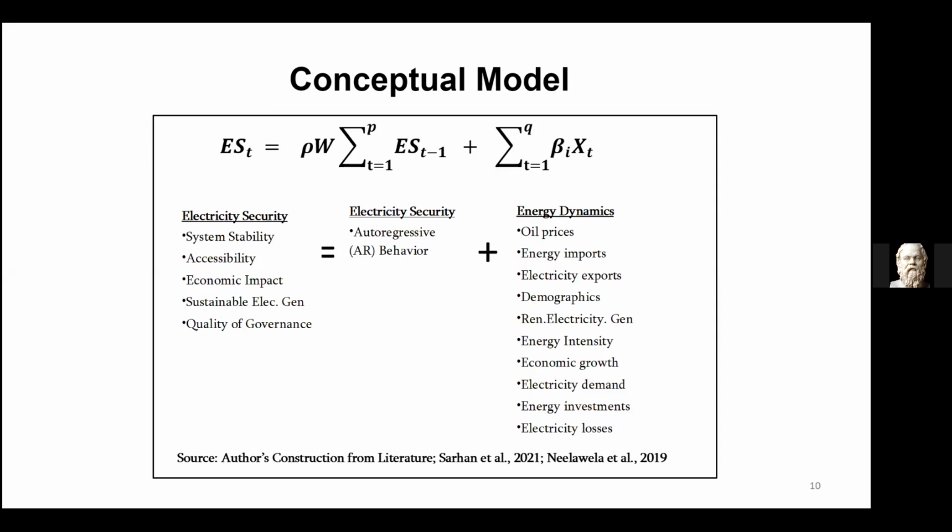The quality of governance, I think you may have to revisit the conceptualization. And as I've told you, there are some systematic literature reviews as current as 2022 and 2021, and they've got better indicators of electricity security than the ones that you have there.